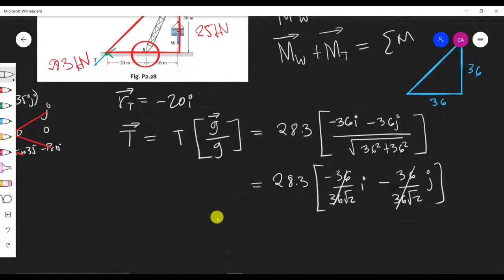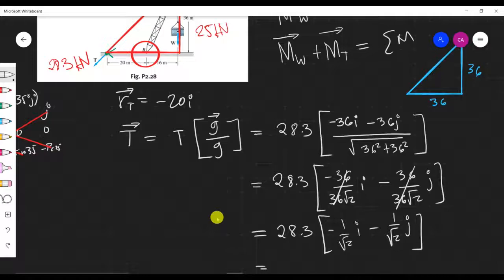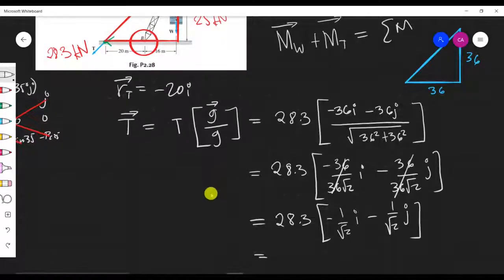Actually parang 45 degree lang yan, although gawin natin itong process na to. So 28.3 paki-multiply negative 1 over square root of 2 i minus 1 over square root of 2 j. What would be the vector ng T?